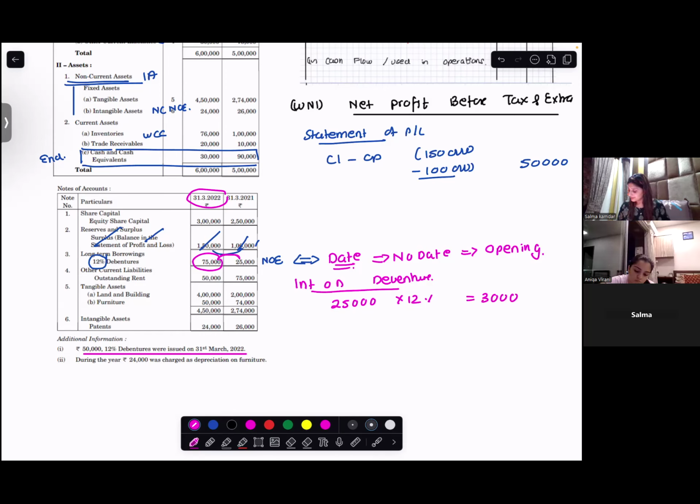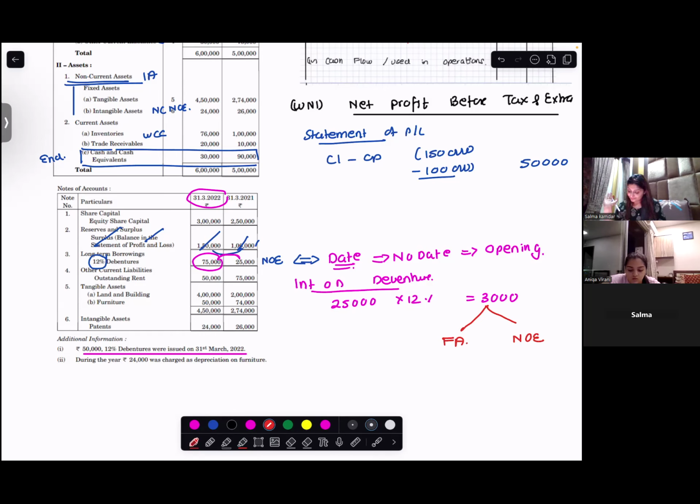That is 3,000. Two places that it will go: non-operating expenses and financing activity.